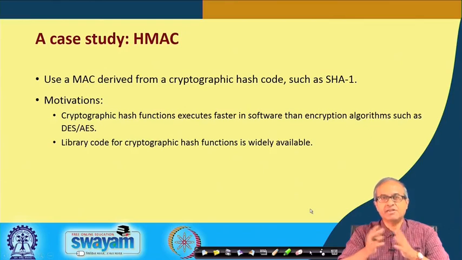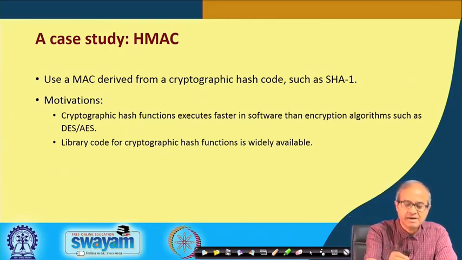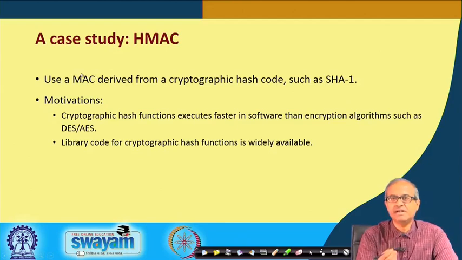Fine. Now, let us look at another kind of hash function which is called HMAC. HMAC is a method to generate a message authentication code, but it does not use any encryption.